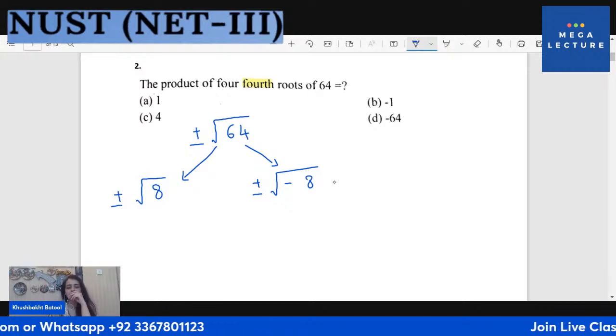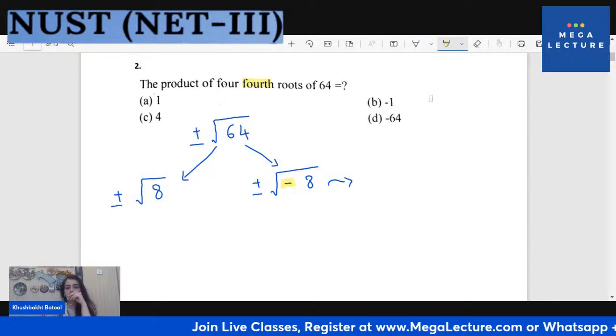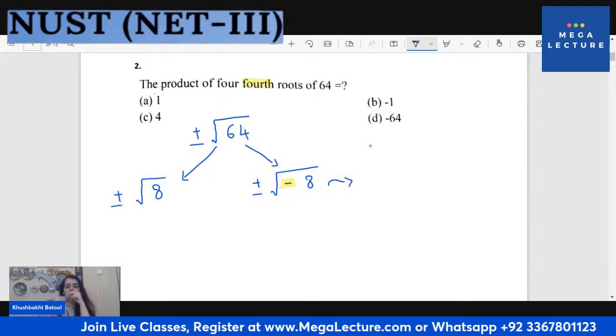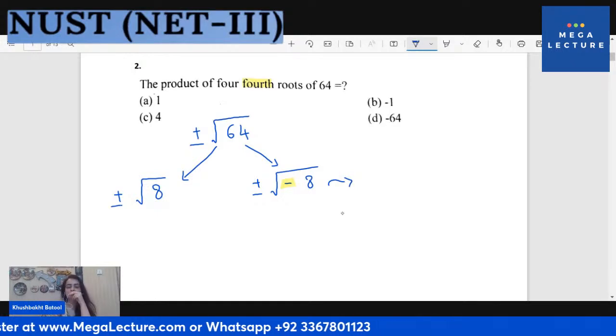Now this is a bit complicated thing. You are getting minus 8 here, and you know that you cannot have minus in the under root, right? So whenever we come across such things, we enter the complex numbers.